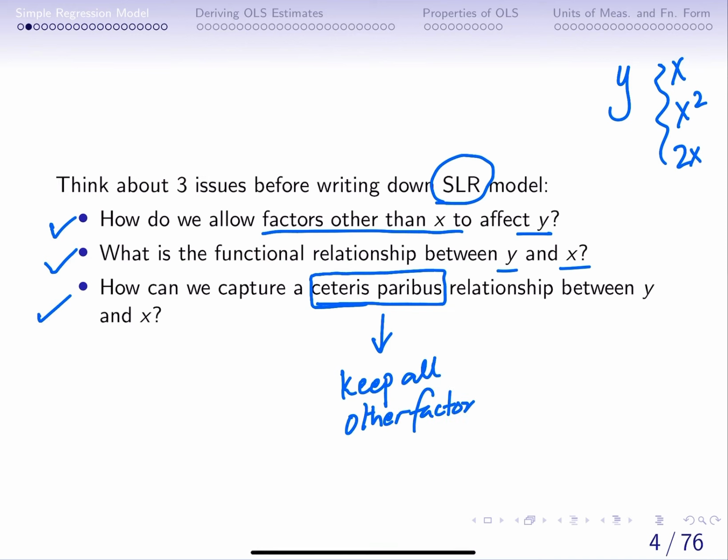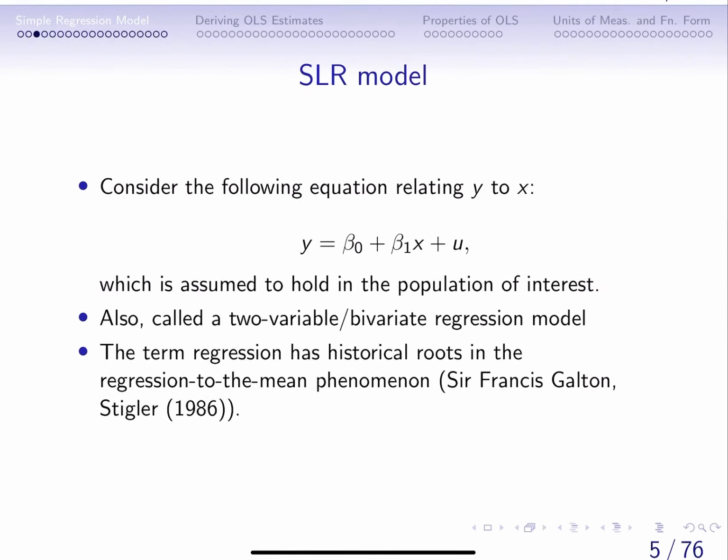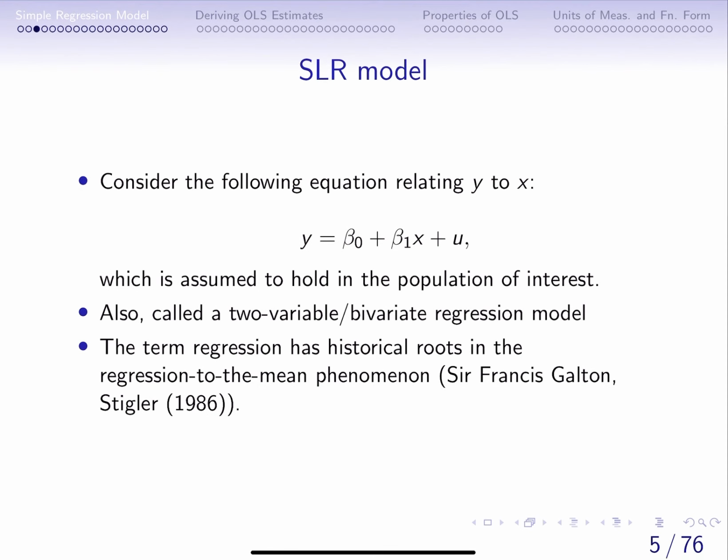If it was crime rates, and we want to estimate the effect of the number of police officers on crime, then we want to keep all these other factors like unemployment rate, income, corruption, all other factors fixed to estimate the causal effect of x on y. Now, when we turn to the simple linear regression model, we're going to use this abbreviation a lot, SLR.